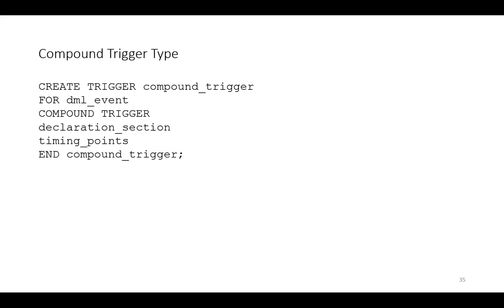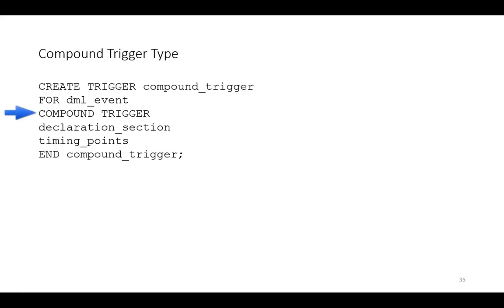to fire. In this context, for the compound trigger, we introduce the DML event with the word for rather than with a timing before or after. The reason we don't need the before or after is these points will be declared elsewhere within the timing point section.